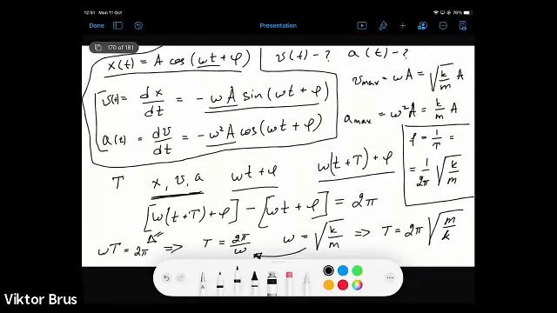So we started with the second law of motion, defined this differential equation, which is a second order linear differential equation, solved it according to rules for solving these types of differential equations, got the expression for the displacement as a function of time, which means we got the equation for the simple harmonic motion.